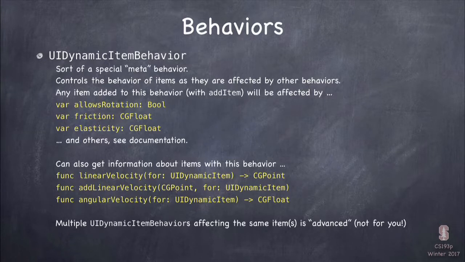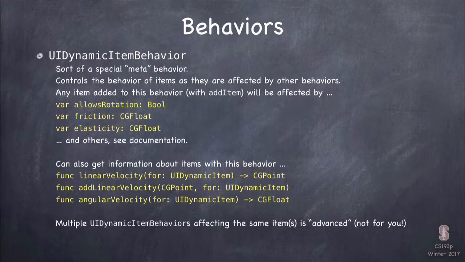This behavior can also tell you the linear velocity of an item, which is actually interesting to know. Why do I want to know the linear velocity of an item? A lot of times, if I've got a view in an MVC, and it's animating, and then I click away from it, like in a tab bar, or I push something else on a navigation controller, I want to pause that animation. Well, there's no real way to pause.